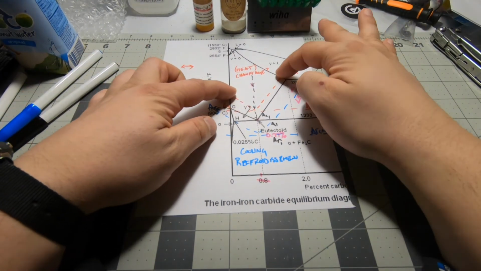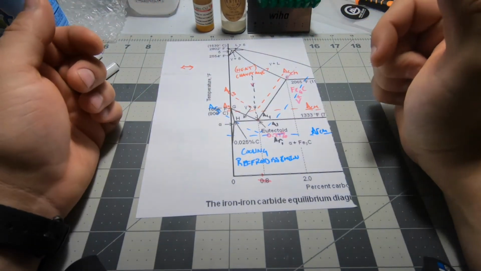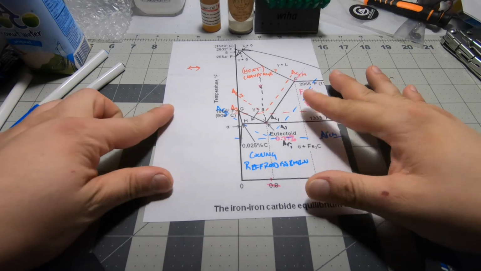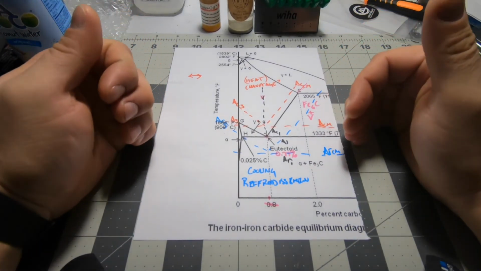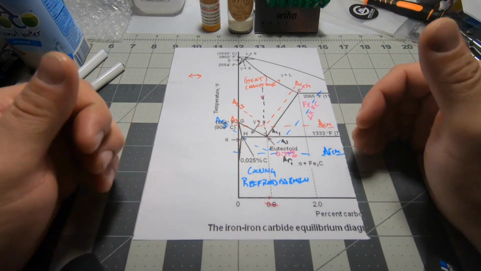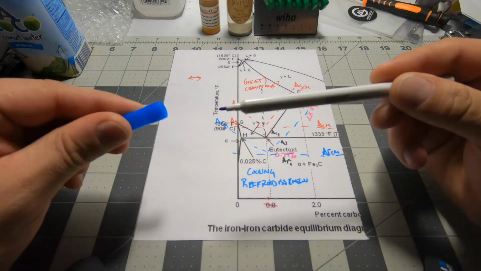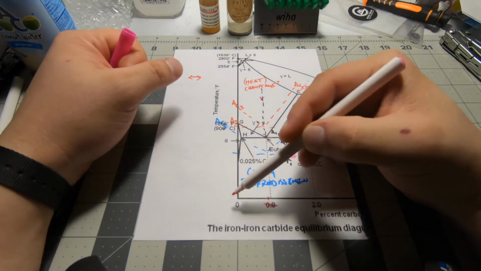Obviously, this point is lower than this point. These are important because we need to know how hot to heat everything and then how cool to cool everything to get that phase transformation. And that's, again, all based on the amount of carbon.